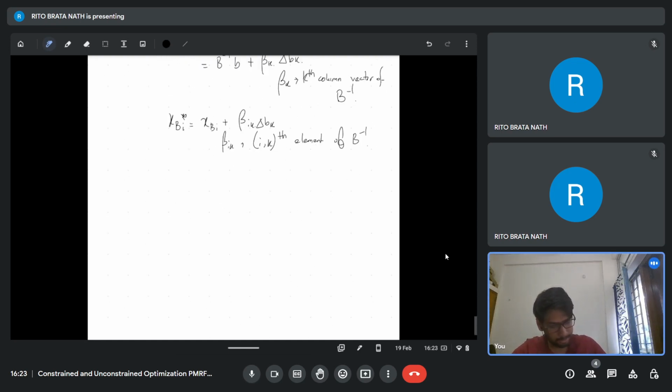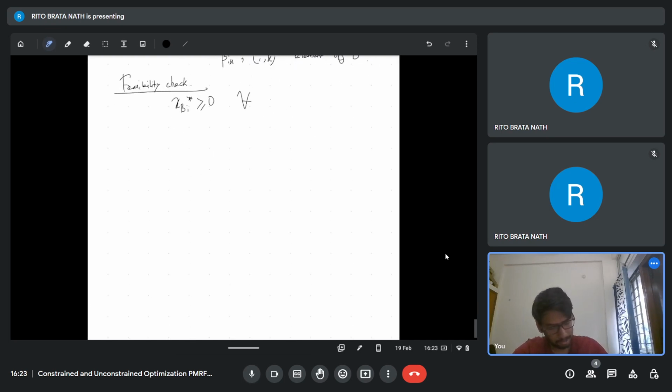So the feasibility check is nothing but xbi star greater than or equal to 0 for all i equals 1 to m.